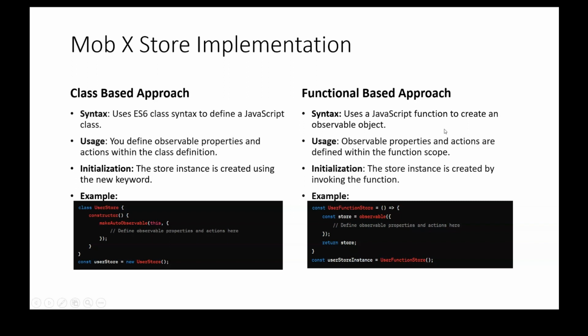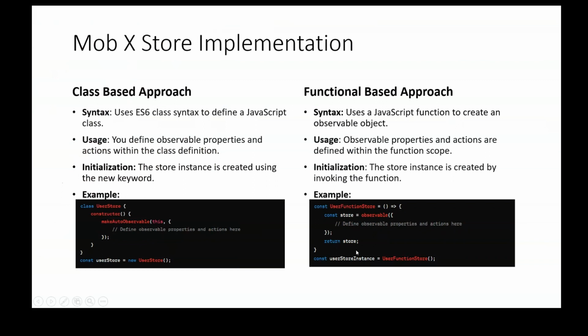In the functional approach, we define a function that returns an observable store object. Here we create an instance of the store by calling the function and export it. So now let's understand the difference by implementing the same example in an approach where we access components without props.